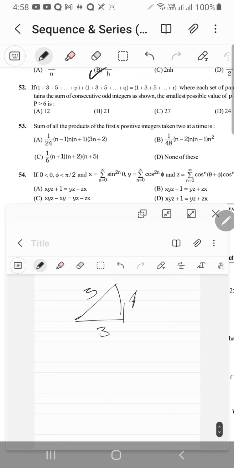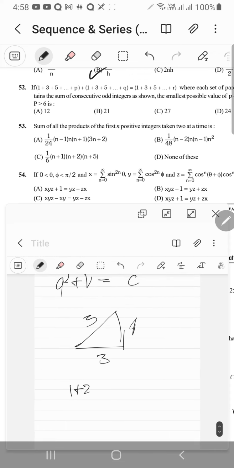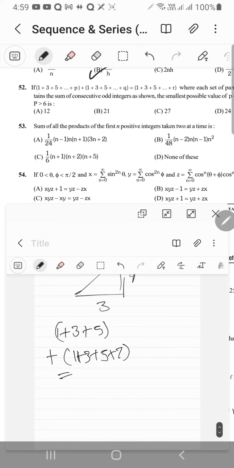That means c is 5, and a and b are 3 and 4. So 3 squared is 9, so the first three odd numbers, it's 1 plus 3 plus 5 plus, not 8, it's 9. There we go.